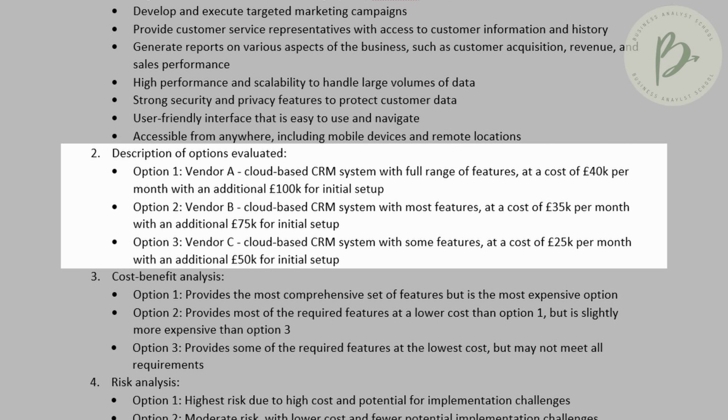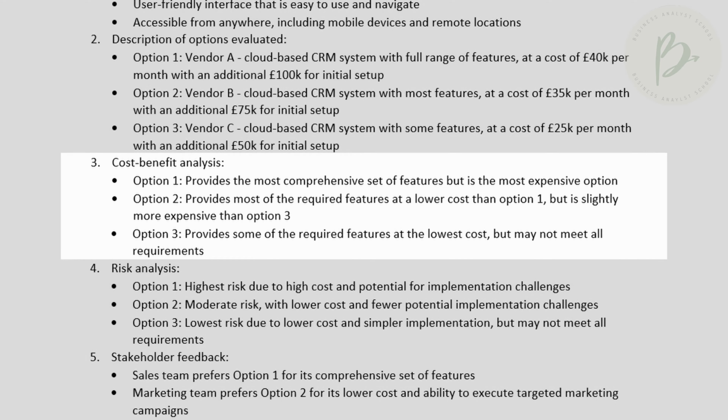In our cost benefit analysis, option 1, which is vendor A, they provide the most comprehensive set of features, but it's the most expensive option. Sometimes companies, they don't really want to spend so much money. But as BA, we need to continuously sell the value, the long-term benefits of investing in this thing and the areas it will help us be better with.